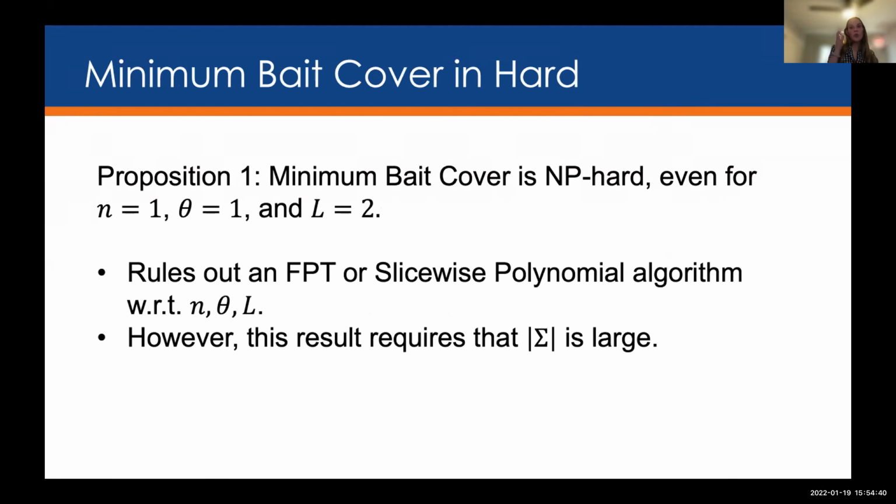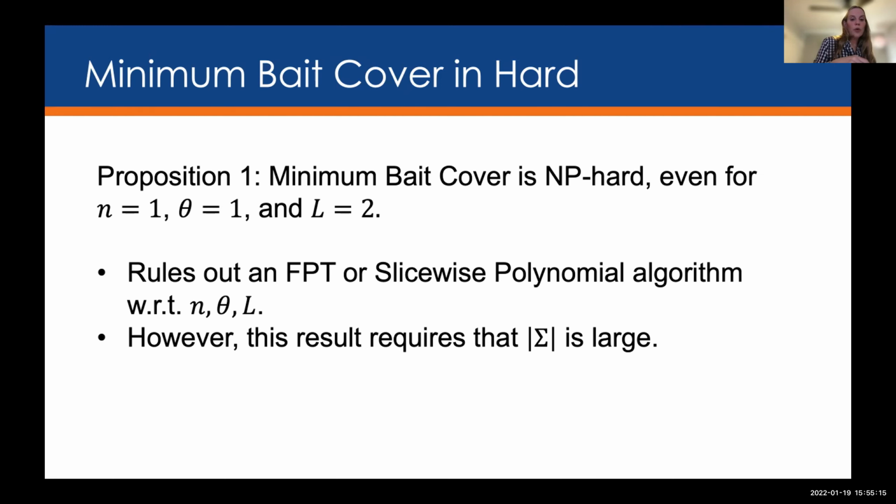That is, we have a single input string, theta is equal to 1, that is Hamming distance equal to 1, and L is equal to 2, so your baits have length 2. Given this hardness result, this pretty much rules out any fixed-parameter tractable or slice-wise polynomial algorithm with respect to n, theta, and L.